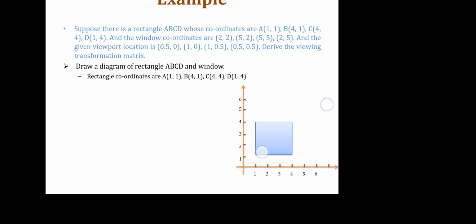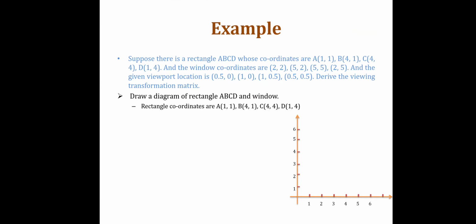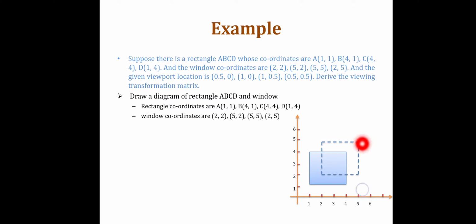After plotting this rectangle, the next thing is the window coordinates, right. With this rectangle we have window coordinates, so now I have to represent this window with the given values. So first (2, 2), then (5, 2), then (5, 5) and with that (2, 5).